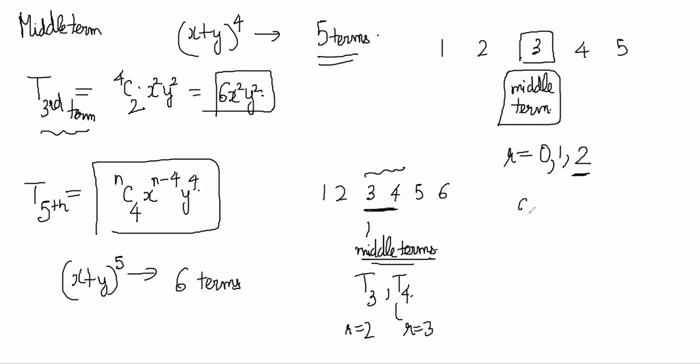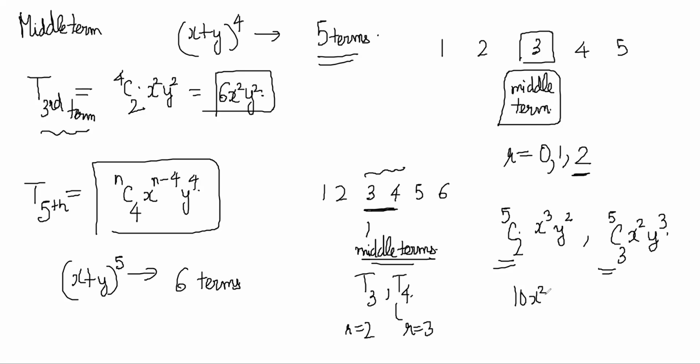So what is r value 2? It will be 5C2, x power 3, y power 2, right? And it should be 5C3, x square y cube. And 5C2 is equal to 5C3, which is equal to 10.